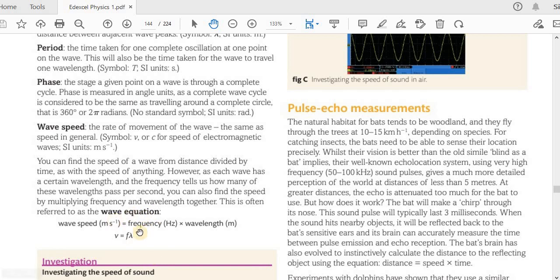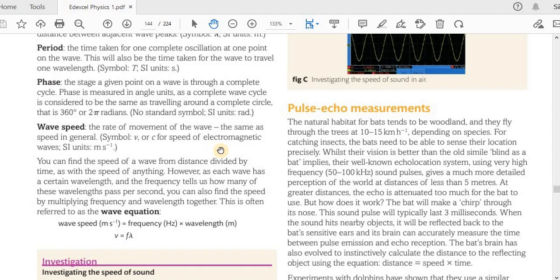You have learned this in the O-level class also. This is a very important equation. Wave speed is measured in meters per second, frequency is measured in hertz, wavelength in meters. Wave speed is the rate of movement of the wave, the same as speed in general, symbol v, or c for the speed of electromagnetic waves. Now we use the letter c for the speed of electromagnetic waves.